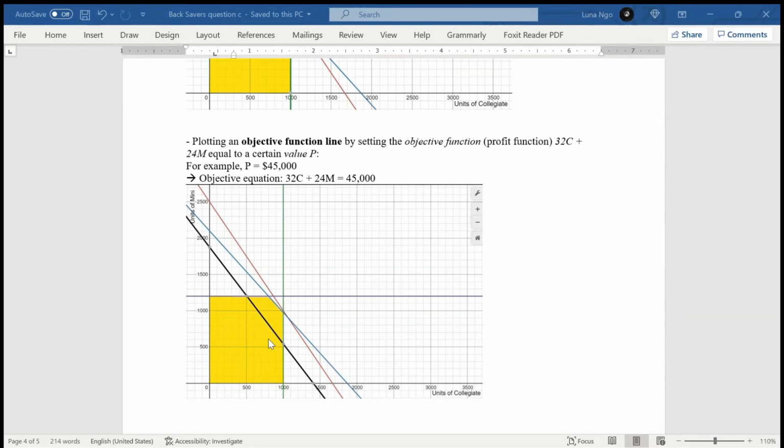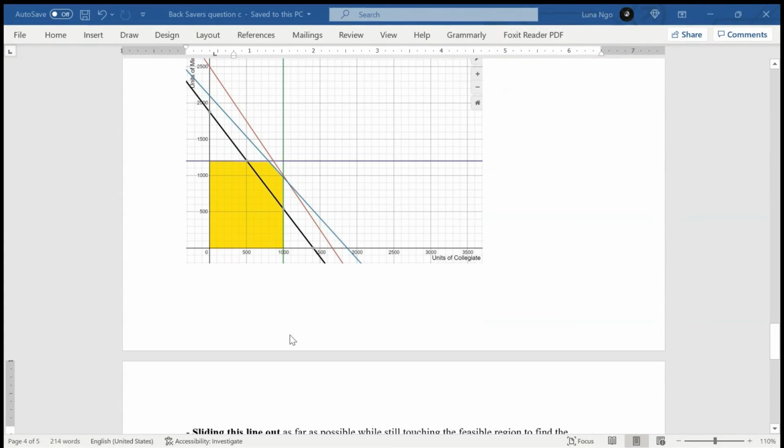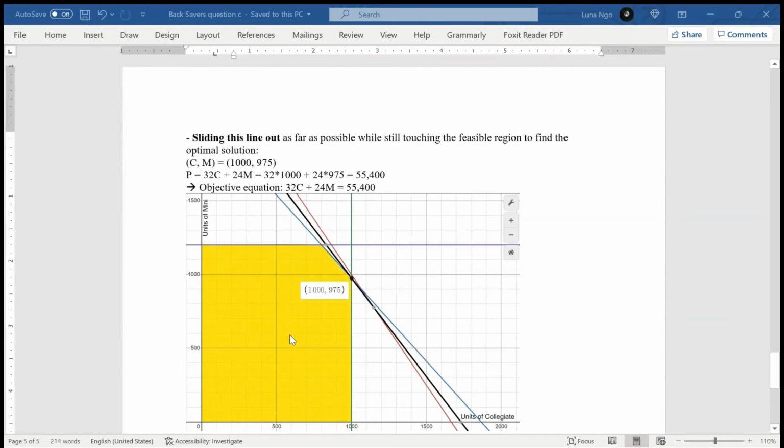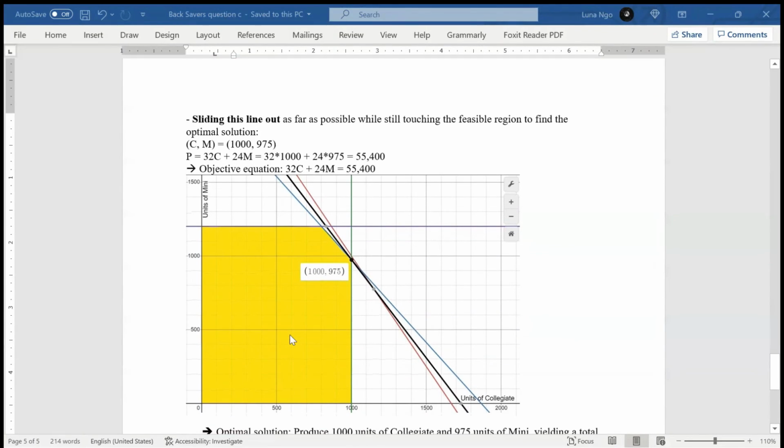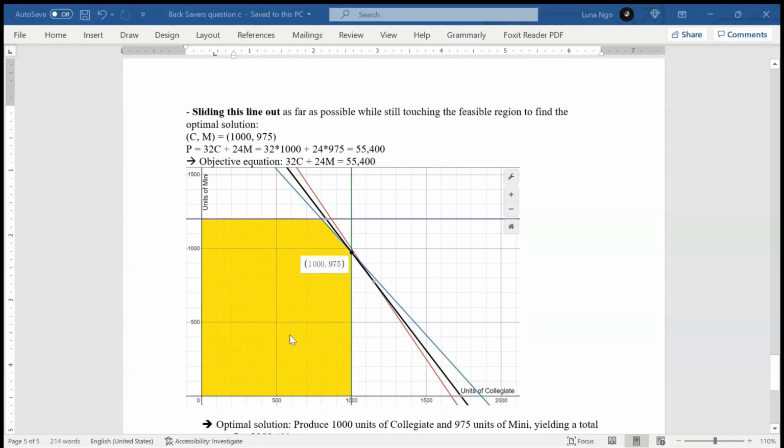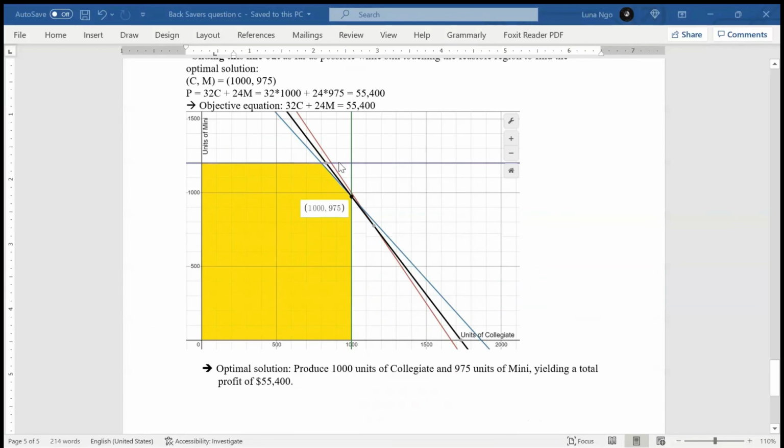We know that all the other objective function lines will be parallel to this line, so we will slide this black line out as far as possible while still touching the feasible region to find the feasible solution that maximizes profit. This occurs when the line intersects the feasible region at the single point where C equals 1,000 and M equals 975. And now the profit calculated is 55,400.